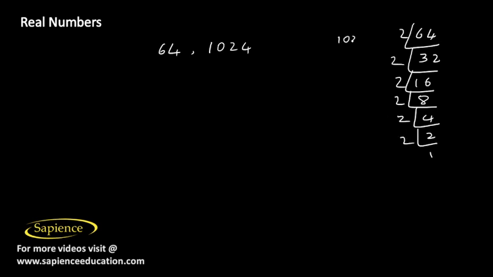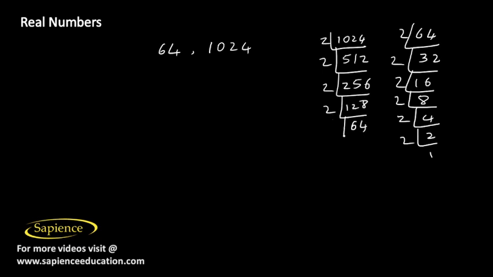In the same way, we will prime factorize 1024, dividing by 2, 512, dividing by 2, 256, and so on: 16 by 2 is 8, 8 by 2 is 4, 4 by 2 is 2, and finally 2 by 2 is 1.